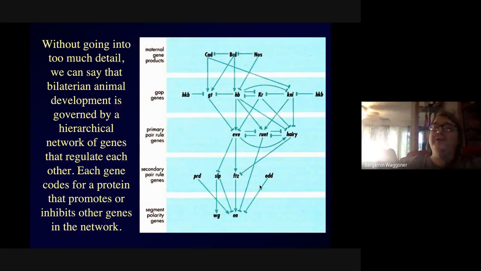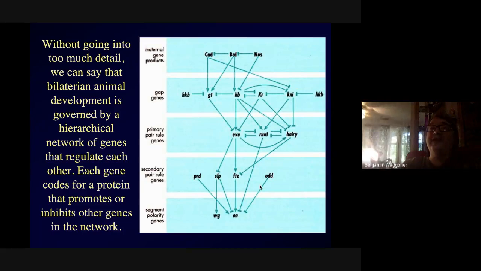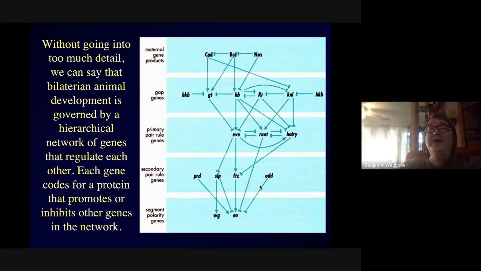What those proteins do, caudal, bicoid, and NOS, is that they bind to other genes. They bind to the promoter sequences of other genes, and they might either promote them, which is shown by an arrow, or they might inhibit them, which is shown by a line with a blunt, kind of T-shaped end.